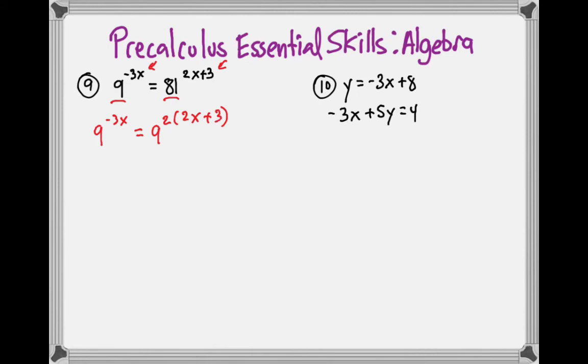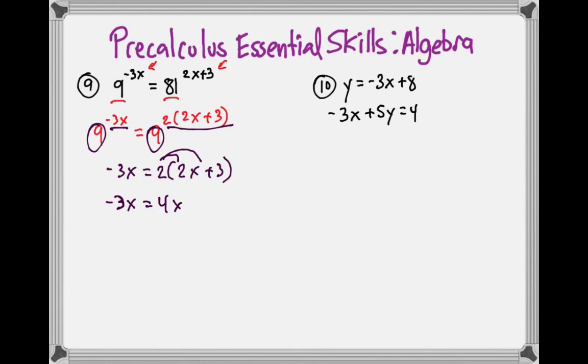And since now we have the bases equal to one another, we can set these exponents equal to one another and solve. So I got a 3x equals, and now I'm going to, let's save that for later, 2. We'll do the algebra all right here. Okay, and so we're going to use the distributive property and just knock this out algebraically.